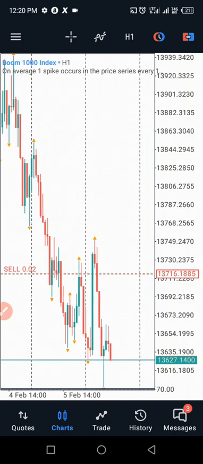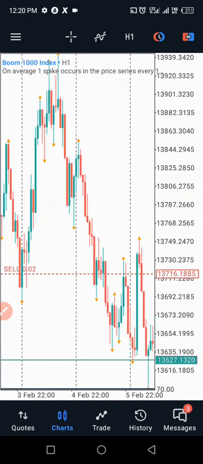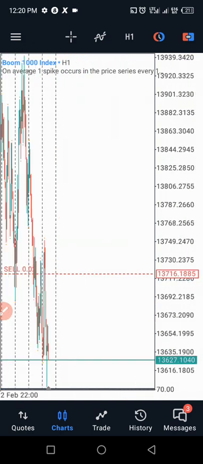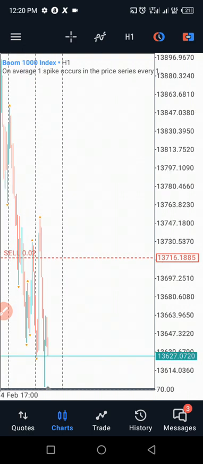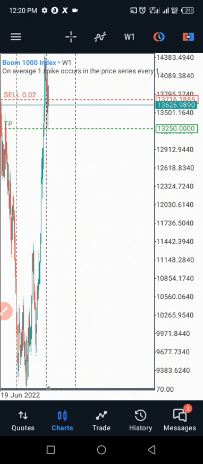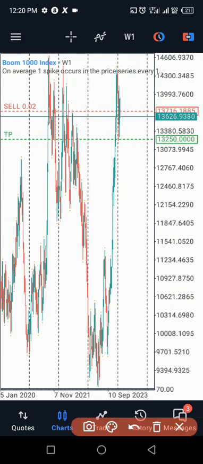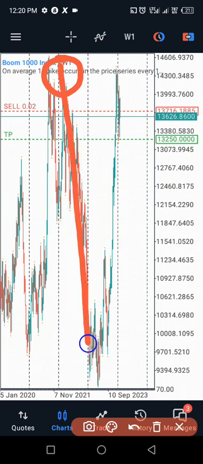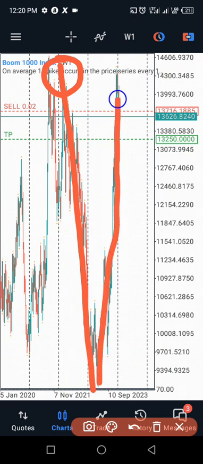I will just show you how I took this trade now. So the first thing I did in that previous video, I was able to locate the key zone here. So you can see that price has gotten to this level, and from that level price tanked down. So now price has gotten back to that same level.